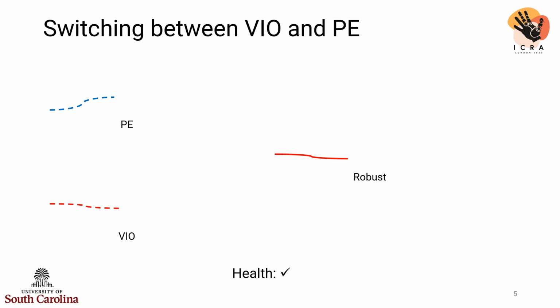If the VIO health is good, we use the estimate from VIO for the robust trajectory. Whenever VIO health degrades, we use the estimate from the primitive estimator. In this way, the robust trajectory locally tracks either the VIO or the primitive estimator.